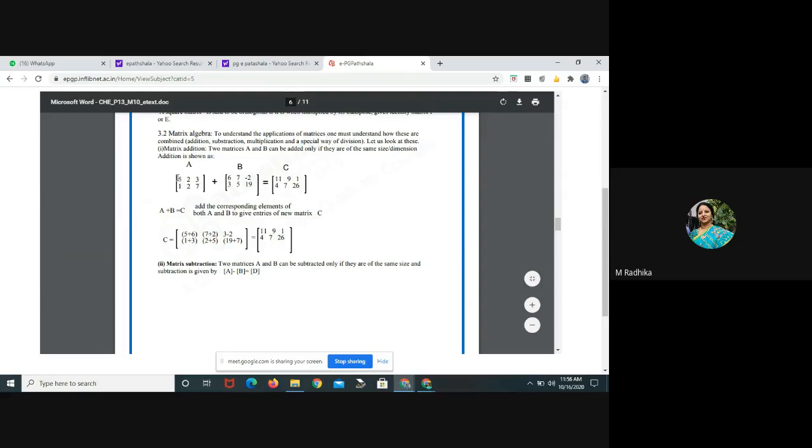So this is a 3 into 2 matrix. Even when I am doing the addition, the same type of matrix should be there, that is 3 into 2, 3 into 2. Then only I can do it.